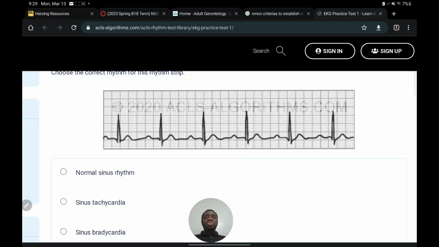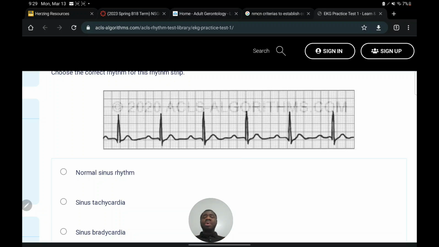Another way you can do this is to calculate the PR interval. You can see the PR interval starts from the beginning of P wave and ends at the beginning of QRS complex. And the normal PR interval, if you watched our previous video, is between 0.12 and 0.20.